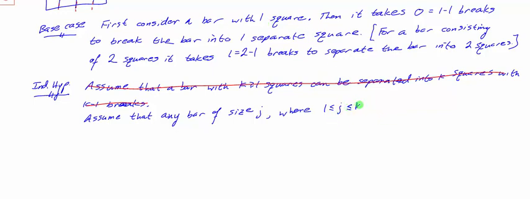Less than or equal to k for some k greater than or equal to 1. So whatever k value, whatever kth step we're saying we're at, we're going to show we can get to the k plus first. But assume that any bar of size j falling in that range can be broken into j separate squares in j minus 1 successive breaks.